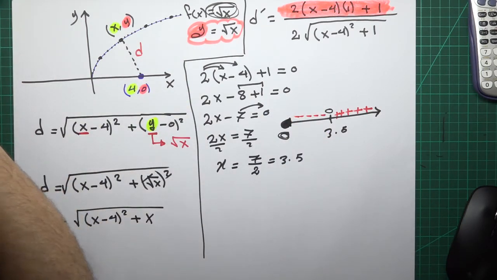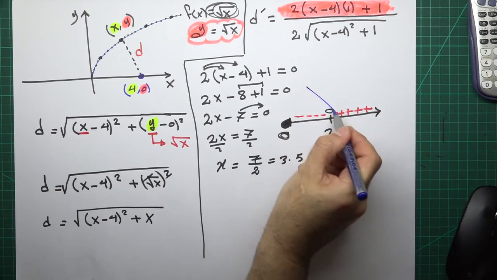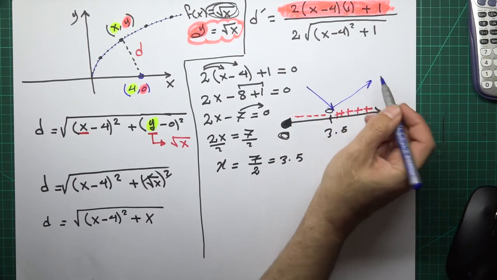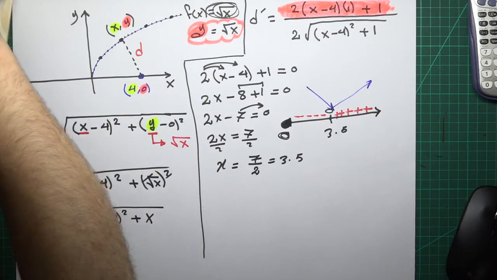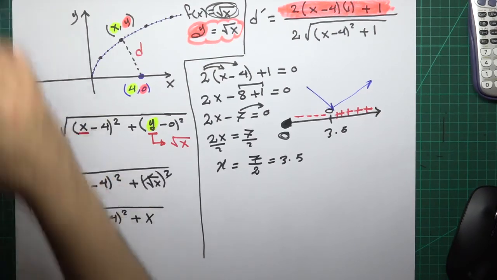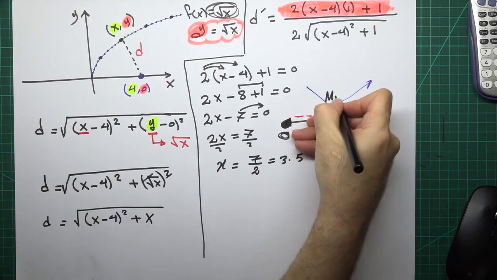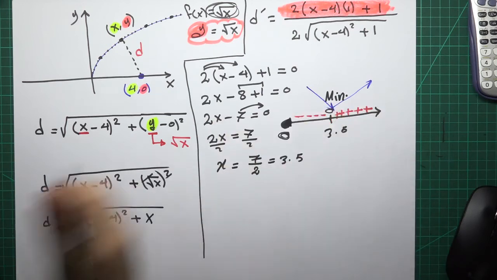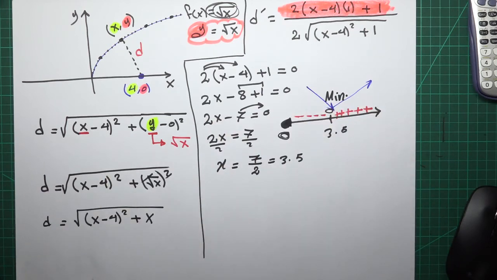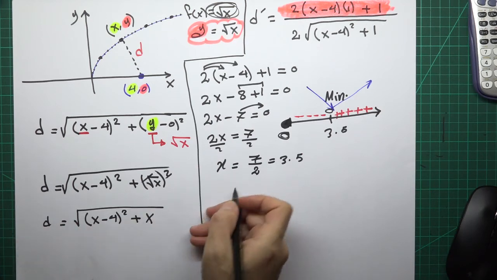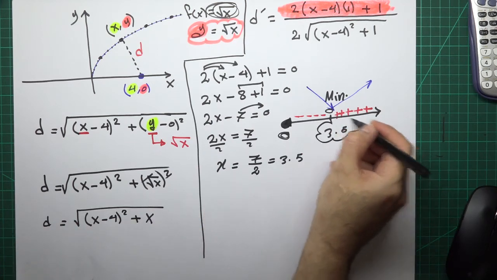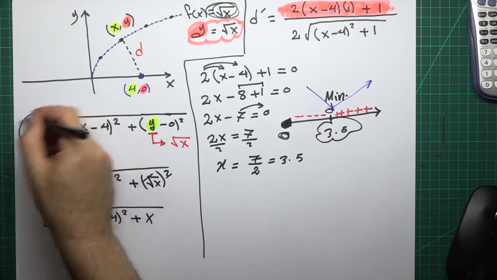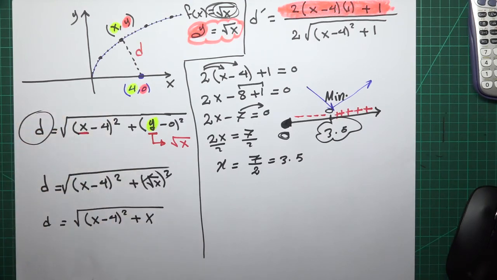Take 3: minus 4, minus 1, times 2, minus 2, plus 1, it is negative. So we conclude that this function decreases then increases, and in such a case we have a minimum value at 3.5 or 7 over 2. So this value of x minimizes this distance.